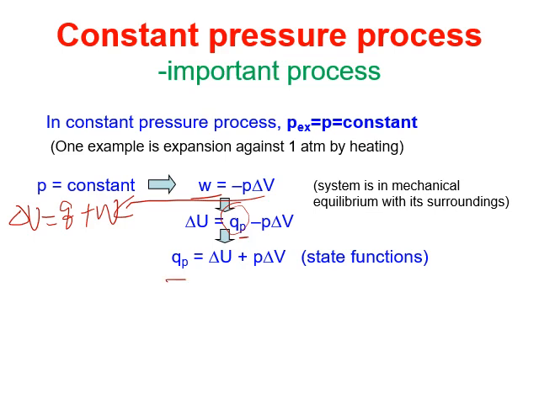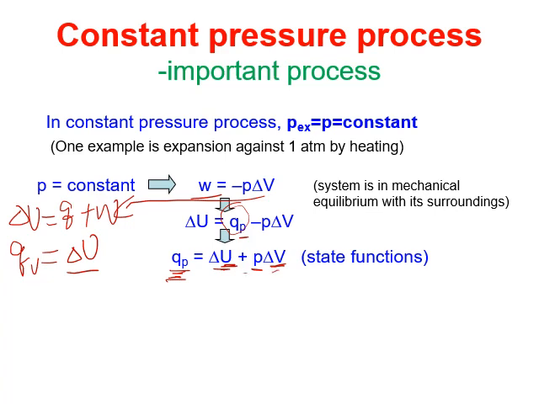But under constant pressure, heat is related to delta U, which is a state function, P, a state function, and V, also a state function. So heat under constant pressure, just like under constant volume, where heat equals delta U, relates to state functions.